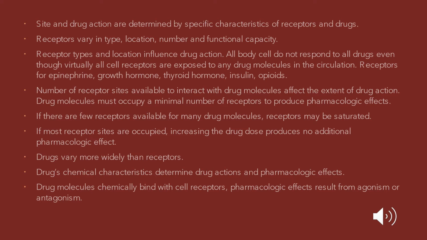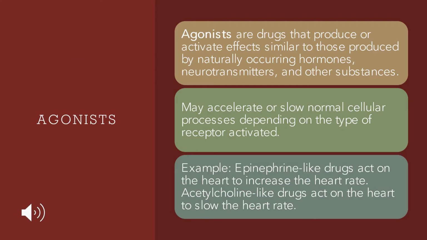Another major factor is the concentration of drug molecules that reach receptor sites in body tissues. When drug molecules chemically bind with cell receptors, pharmacologic effects result from agonism and antagonism.